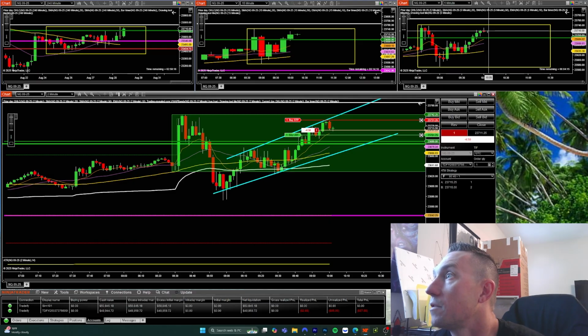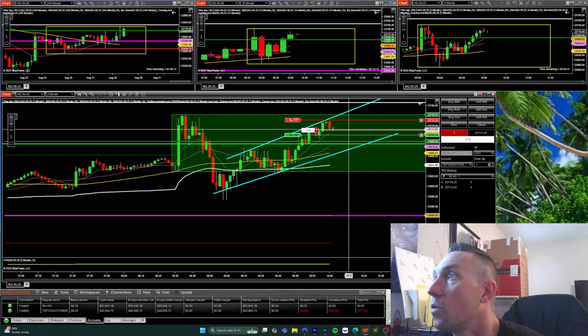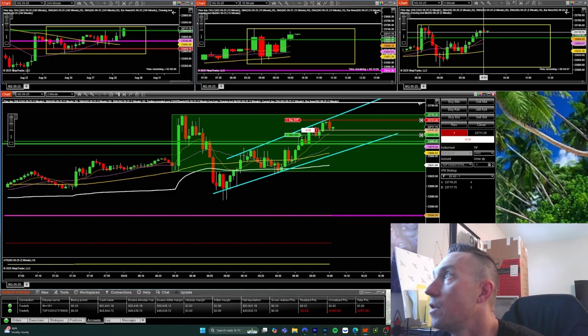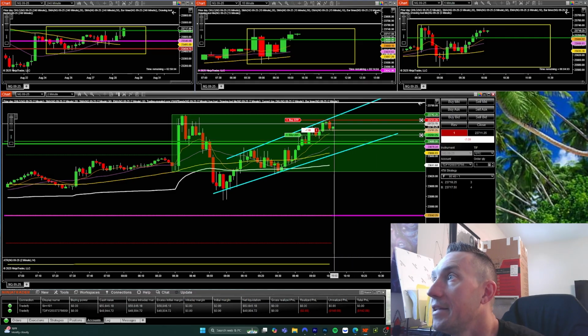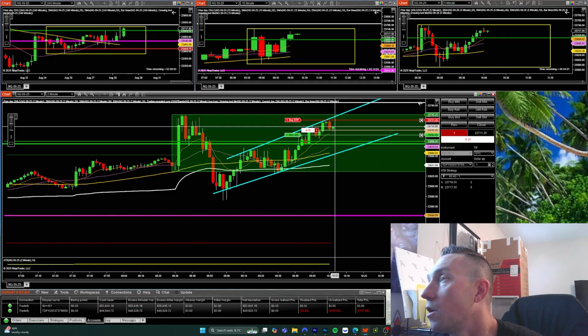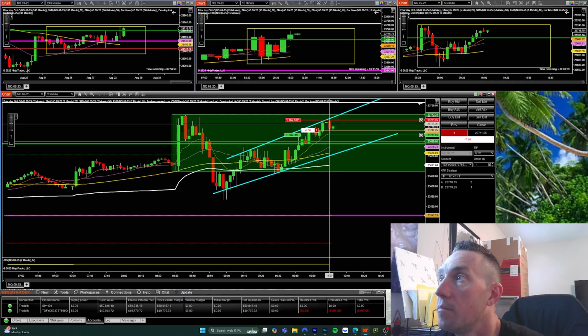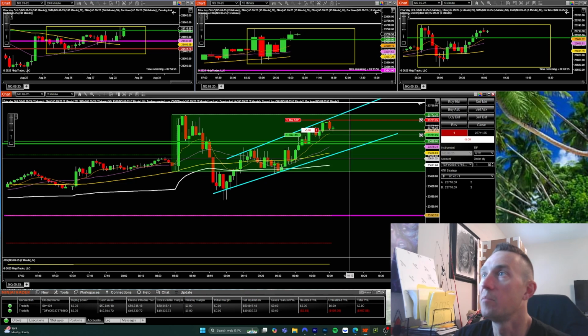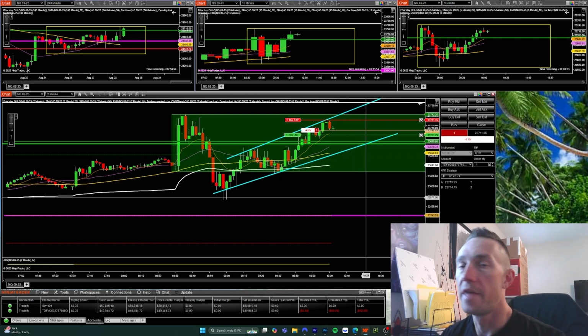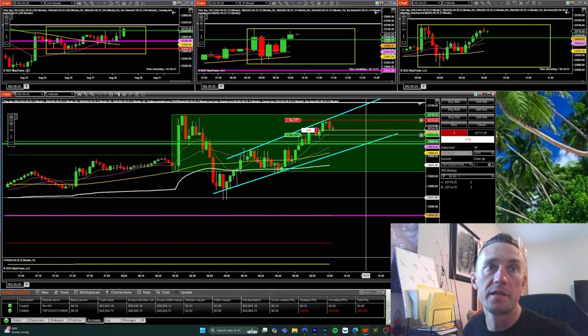So I'm expecting to potentially get at least 10 points on this short, because most of the time this little doji candle here signals at least a short term, at least a shallow pullback. So I'm looking to get at least 10 points off of that. That goes along with the criteria for my reversal trade.